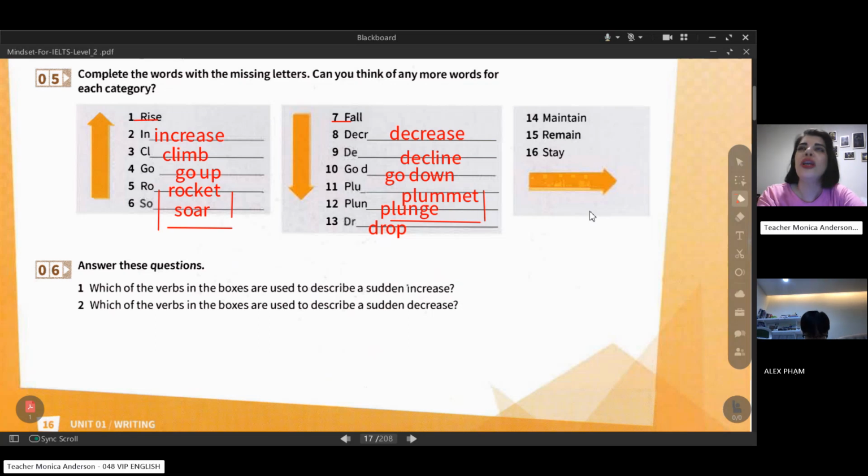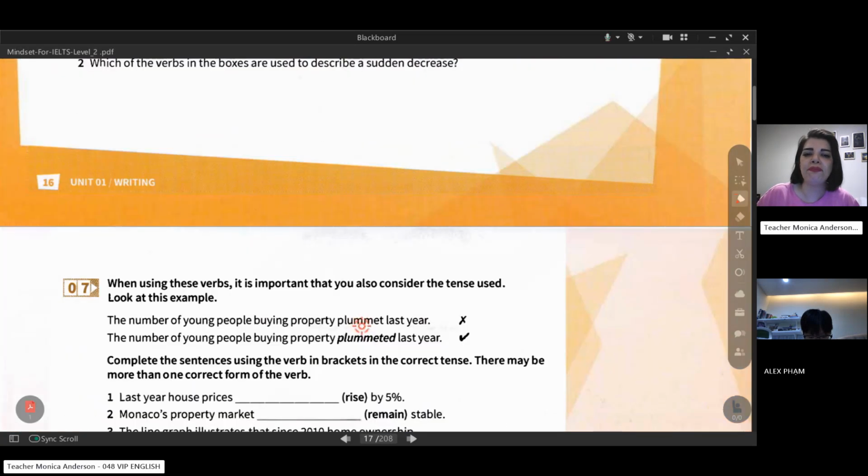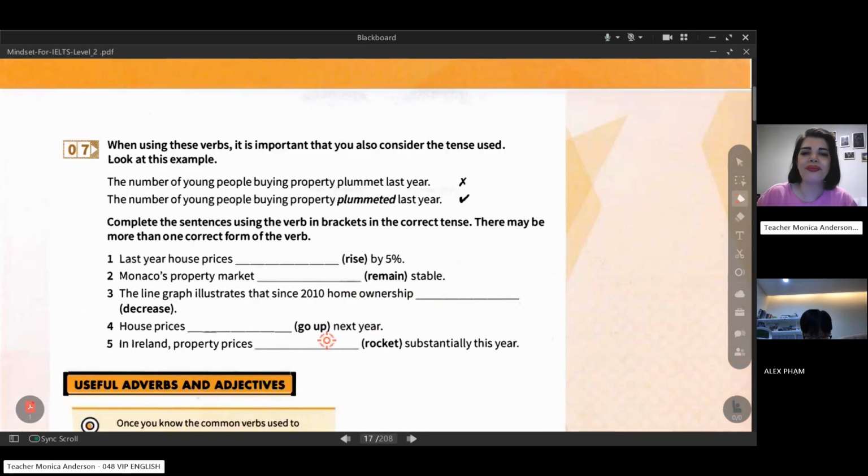For example, if I need to use increase 2 times, it's okay, but first at the beginning of your essay, then maybe at the end, not immediately after it. So it's really important to use some synonyms. Okay, so decrease and decline, or drop, fall. You can use different words.